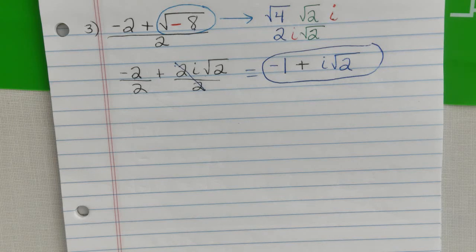I type in negative 1 plus, notice it doesn't show the letter I down here. You can click more and it'll eventually show it, but just hit that letter I from the keyboard. Square root of 2. Okay. Any questions there?